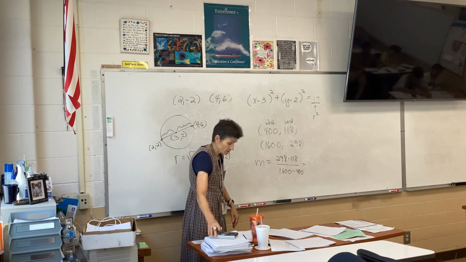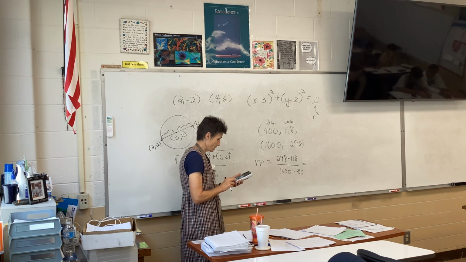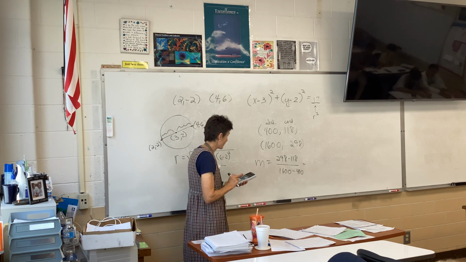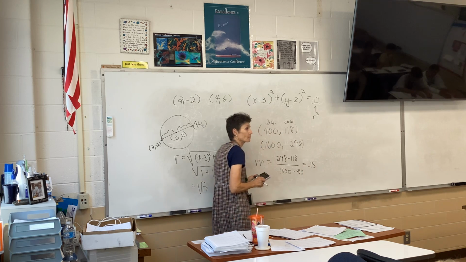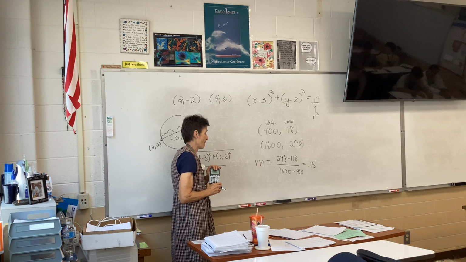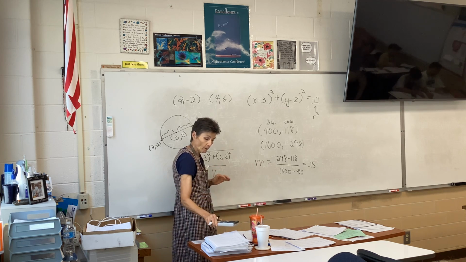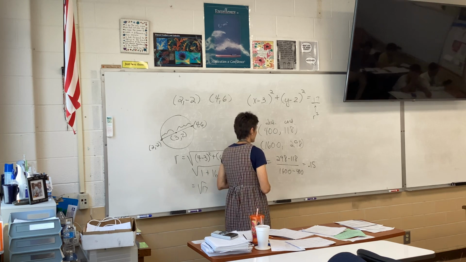Now I can use a calculator to help me with that. It's not too bad of arithmetic, but it is after lunch. We're a little drowsy. I got 0.15. Did you? Then I'll pick a point, doesn't matter which one. I guess I'll just take the top one, the smaller.